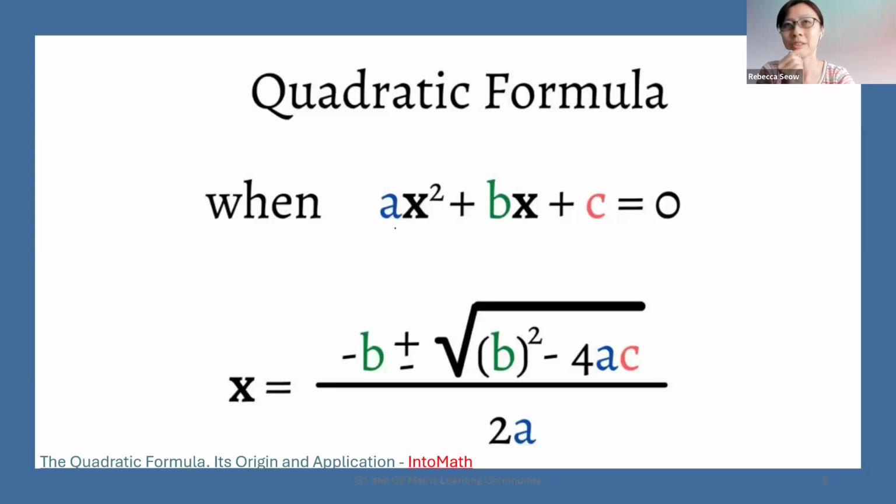It looks like this form: ax squared plus bx plus c equals 0. So let's take a look at the left-hand side of the equation. When we have a, b, and c, these are numbers.